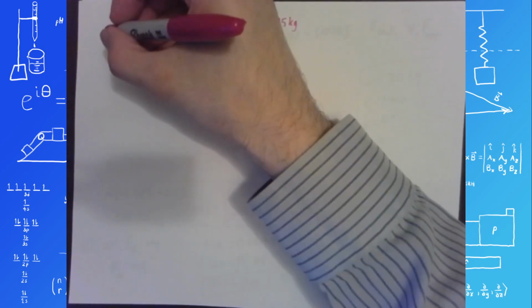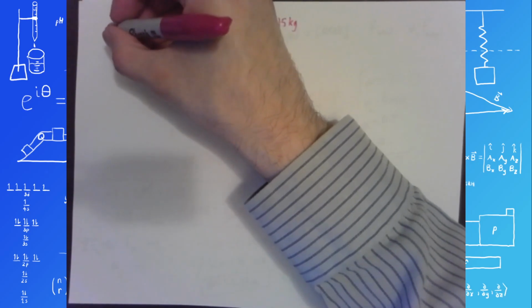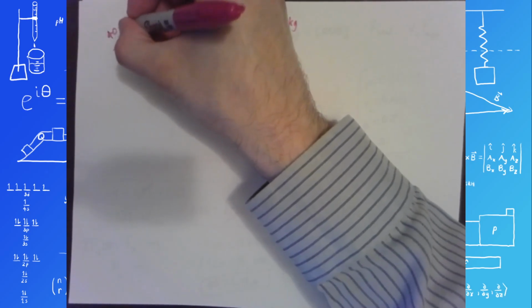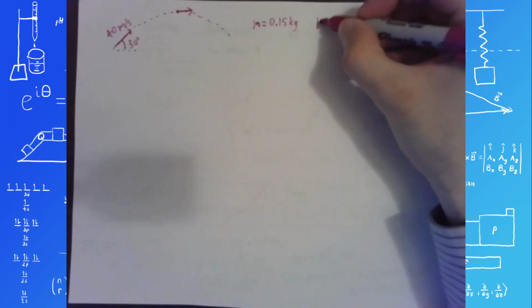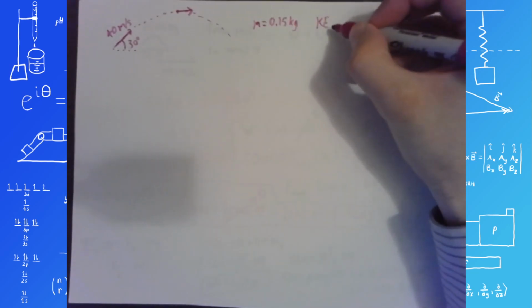And it was initially thrown at 40 meters per second. And that's it. What's the kinetic energy at the highest point? What is the kinetic energy at the apex?